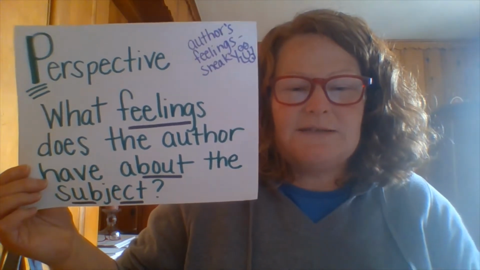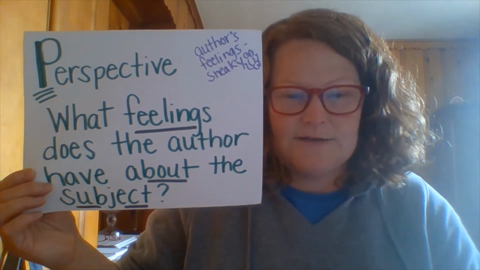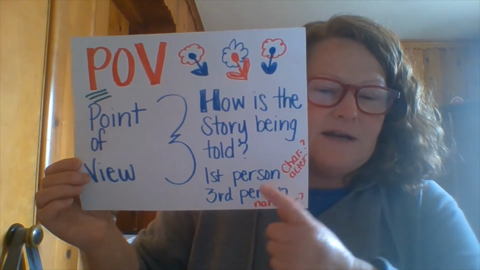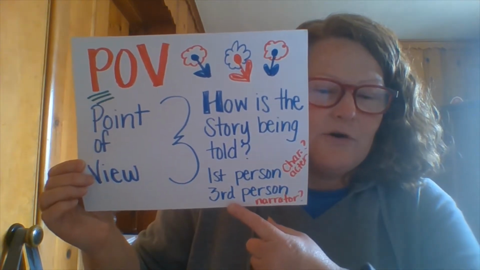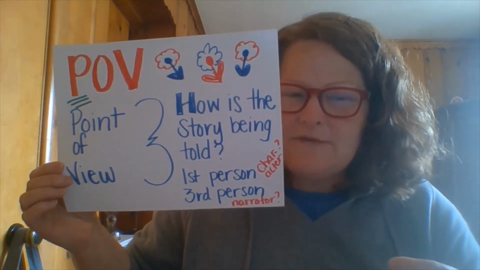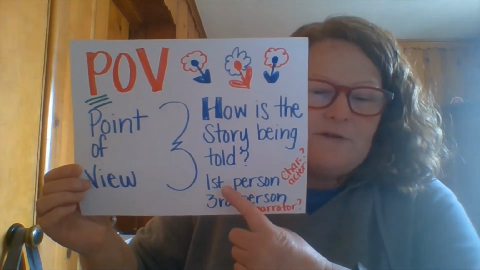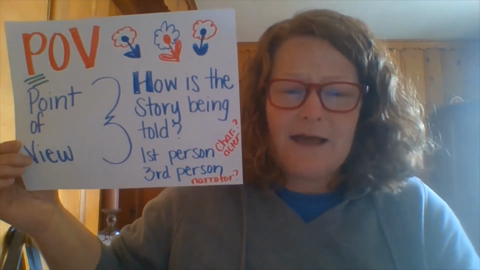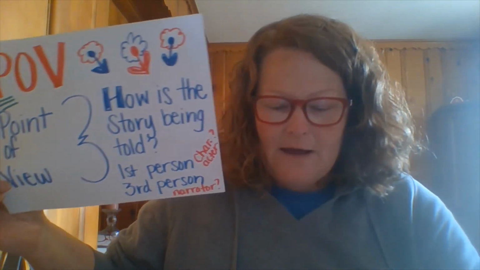So perspective is the feelings that that character has or the feelings that the author has. And a lot of the time, if the narrator is telling the story in third person, you might get a little bit of the author's perspective. If the character is telling it in first person, you're going to get that character's perspective.